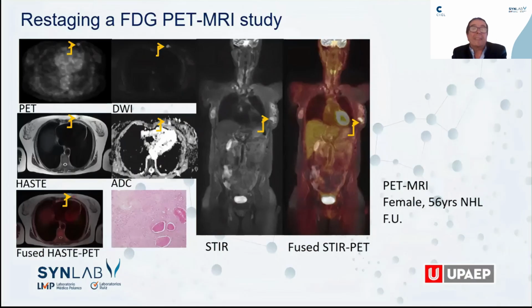This is a PET-MRI scan that was performed in a patient with suspected relapse of non-Hodgkin lymphoma. The arrows show the breast localization of the relapse.